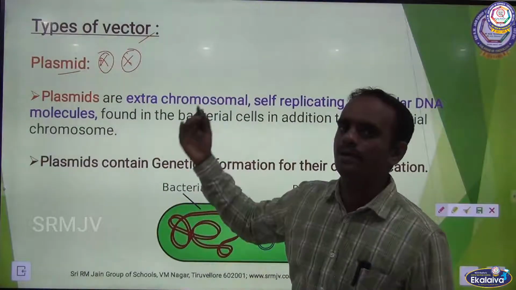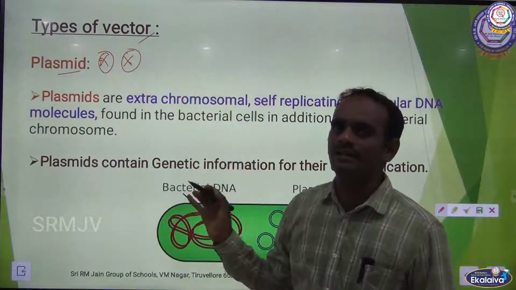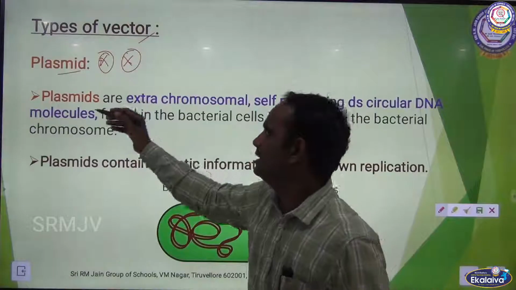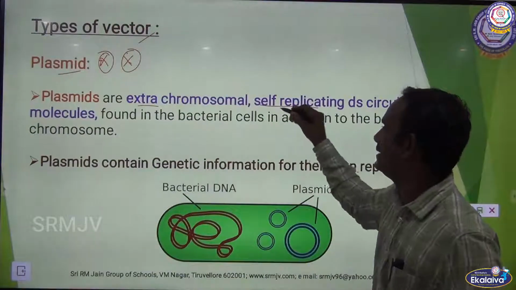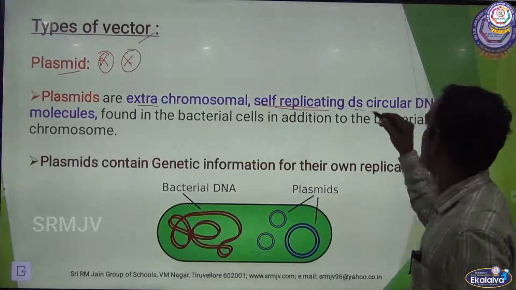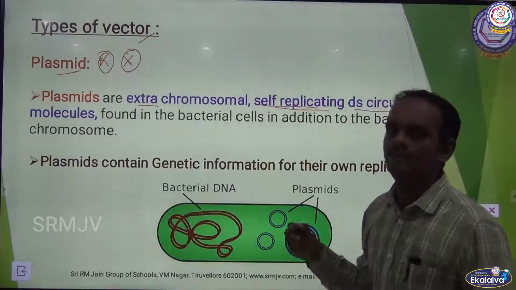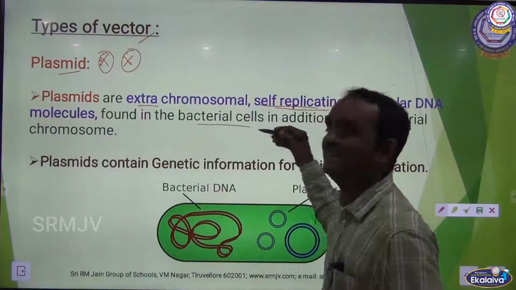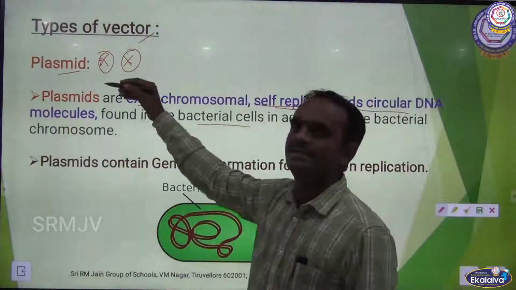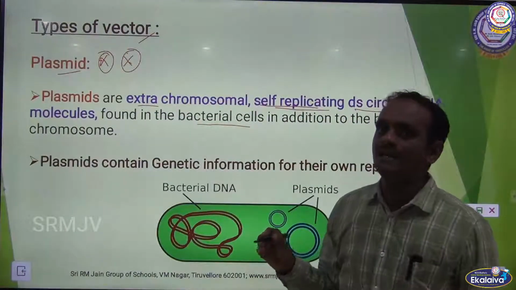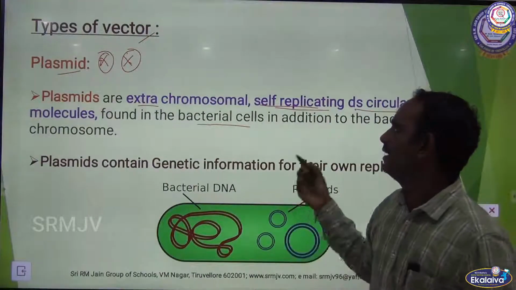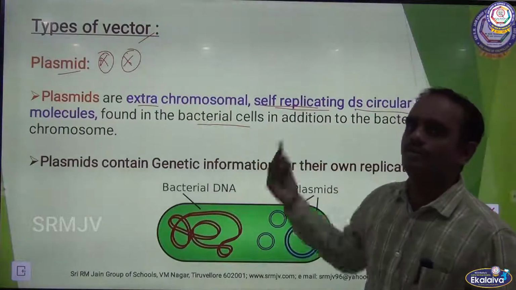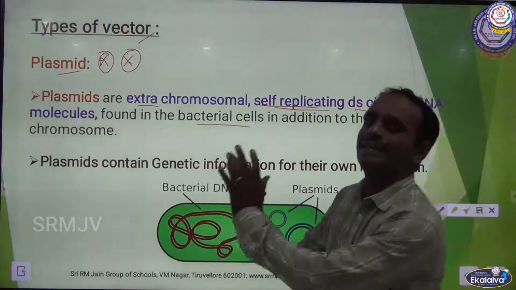It has all the properties of a vector. Plasmids are extra chromosomal, self-replicating double stranded circular DNA molecules found in bacterial cells. So the plasmid is a double stranded circular DNA self-replicating vector, extra chromosomal, which is present in the bacterial cell.